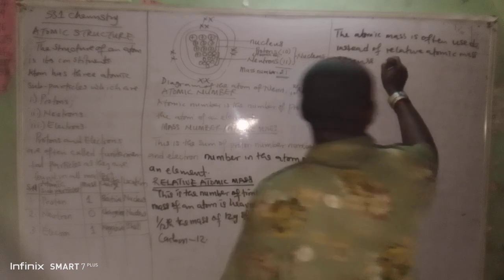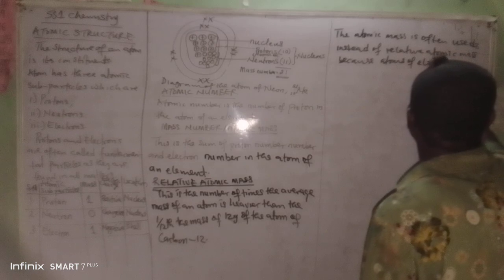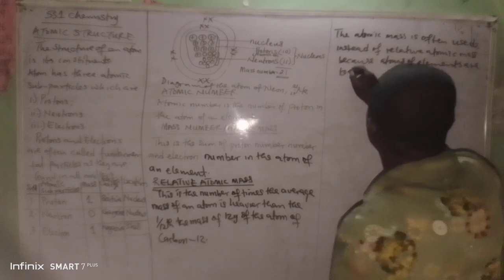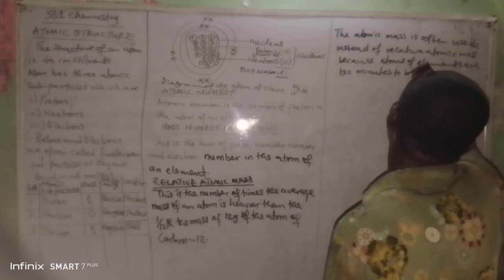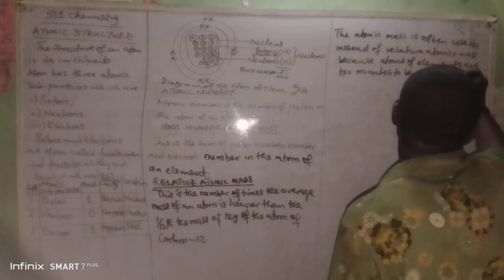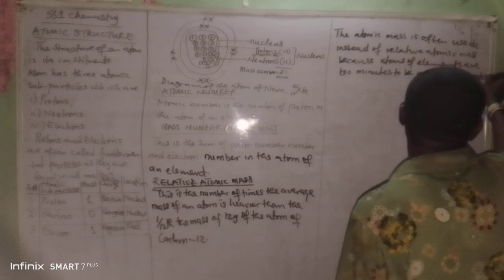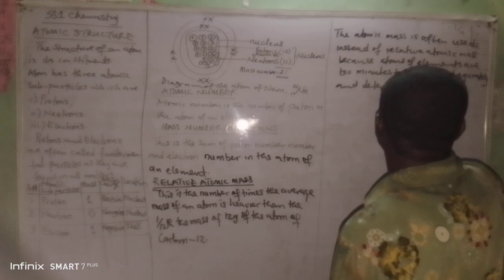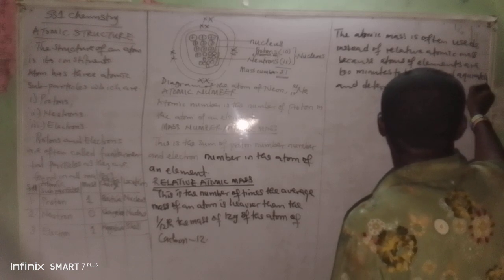Because atoms of elements are too minute to be weighed accurately and to determine their relative atomic mass.